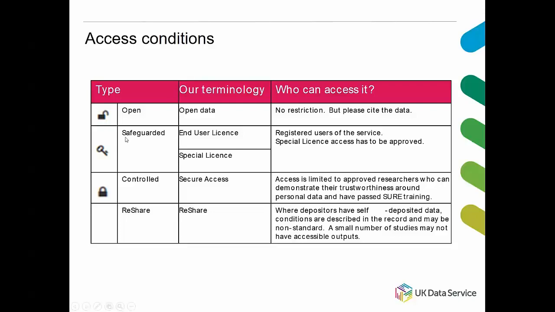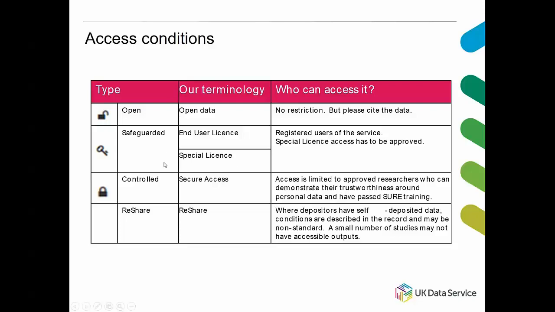A lot of the data we hold is safeguarded, and that means that it is distributed either under end user license or the special license conditions. In order to access the end user license data, you will need to be registered with the UK Data Service.